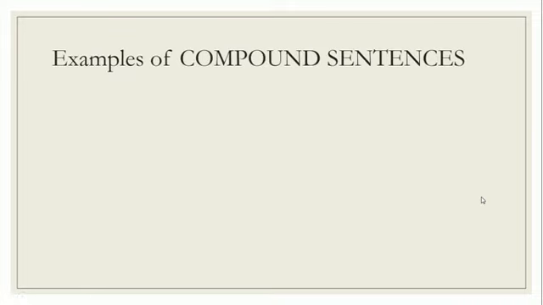Examples of compound sentences. I have a cousin and he is very smart. Here I combined the clause I have a cousin and the clause he is very smart with the word and.